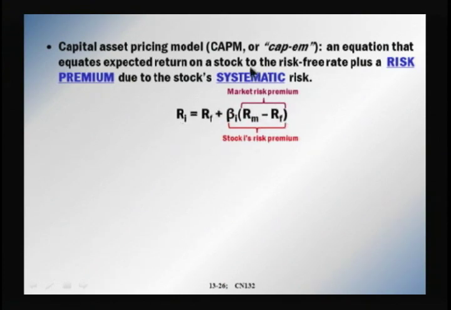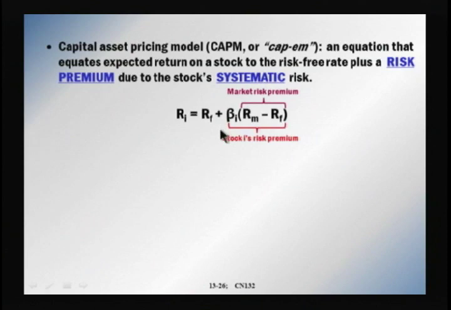The CAPM equation looks like this. It says that for the return for a particular stock I, I would start with the risk-free rate, just like any return starts with the risk-free rate, and then something would be added onto the risk-free rate. By definition, anything added on to the risk-free rate is a risk premium.